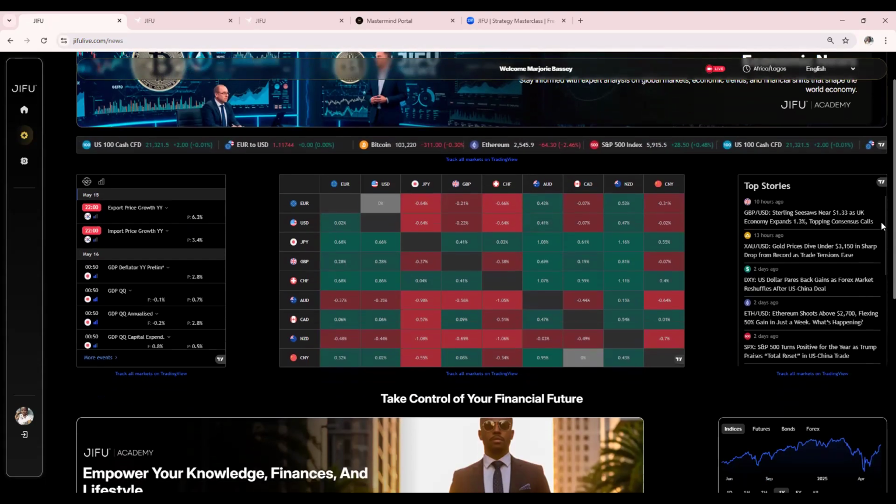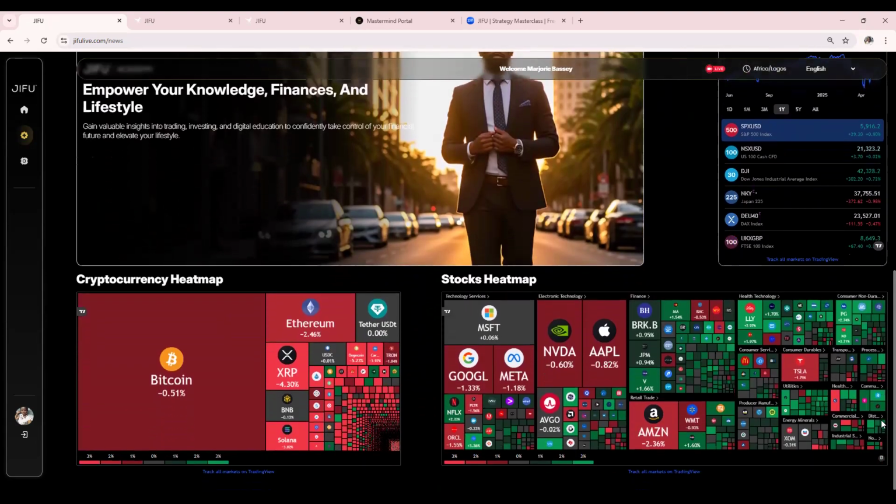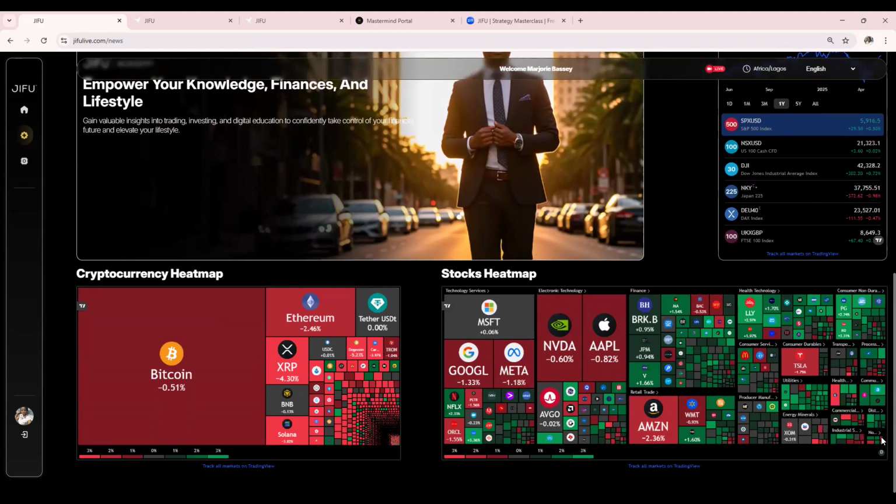And then when you scroll down a bit, you can also see the cryptocurrency heat map, what's going on. So at a glance, it can tell you that there is a bit of bearish momentum within the crypto markets. And, fine, the market does not move in a straight line. A few days ago, everyone was shouting bullish. But no one is shouting bearish now, because the market is moving back a bit.